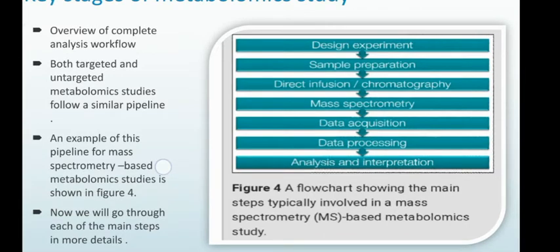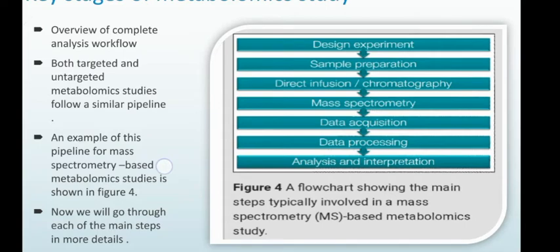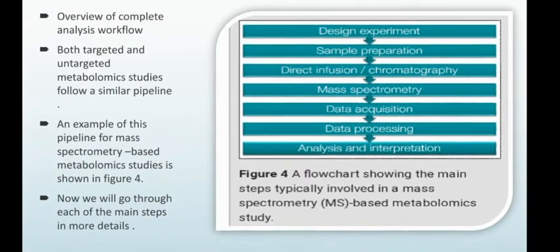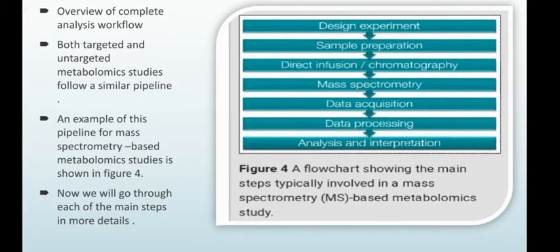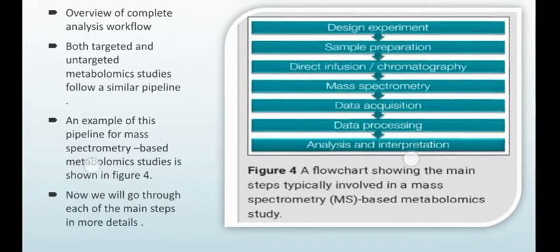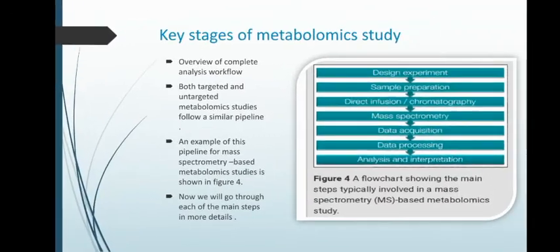It includes experiment design, sample preparation, direct infusion or chromatography, mass spectrometry, data acquisition, data processing, and lastly, analysis and interpretation. Now we will go through each of the main steps in more detail.